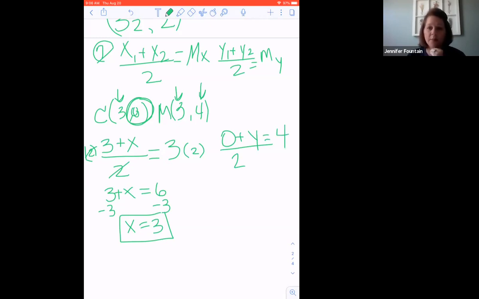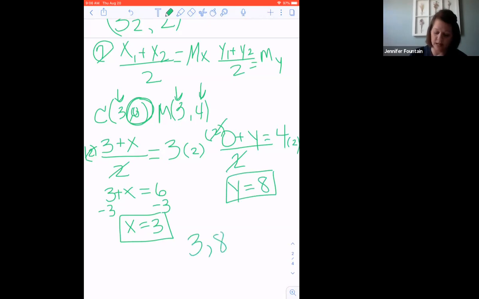Again, I've got to clear my denominator first, so multiply this side by 2, multiply this side by 2. These are going to cancel out, and 0 plus y is just going to give me y, and 4 times 2 is 8. So now I know that my ordered pair is (3, 8) for that other endpoint.